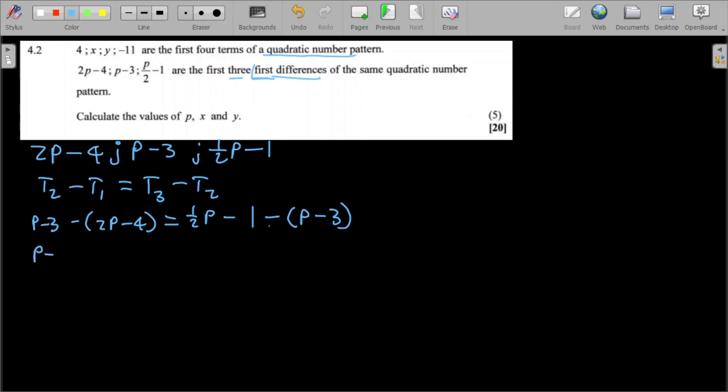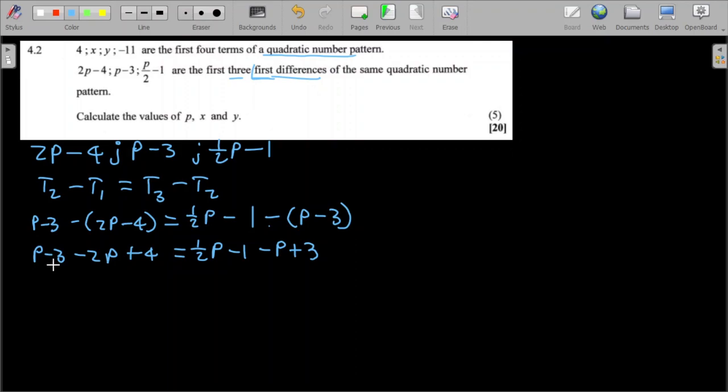Here it's going to be p minus 3, here negative 2p, and here positive 4 equals 1 over 2p minus 1. Then this is going to be negative p, then this is going to be positive 3.